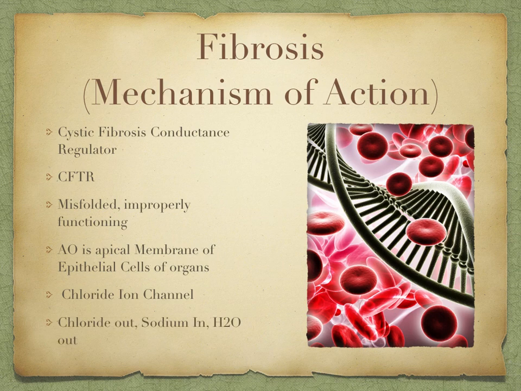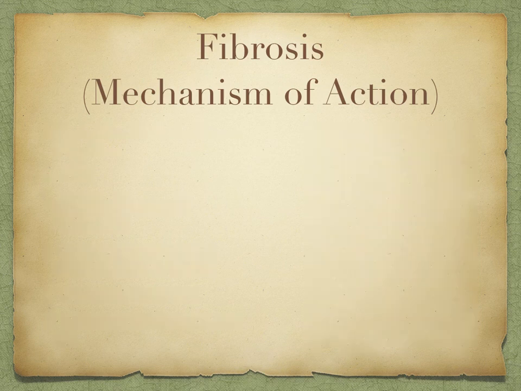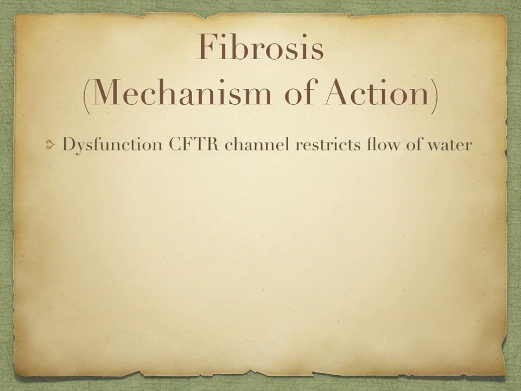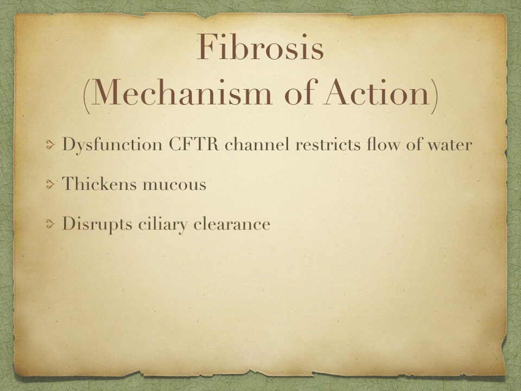Chloride is pumped out of the cell, sodium is pumped into the cell, and water can move out of the cell. This results in a clearing of mucus, and everything flows smoothly around the cells. When there's dysfunction, the channel restricts the flow of water and thickens the mucus, so it disrupts the ciliary clearance.